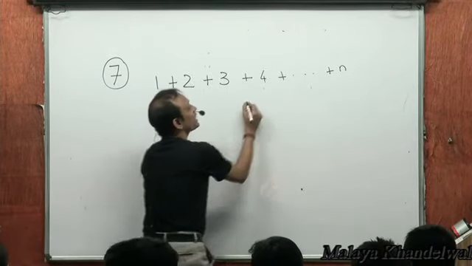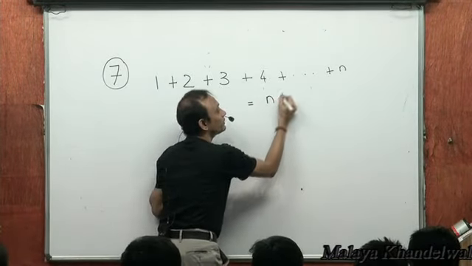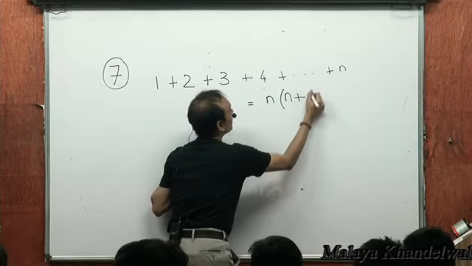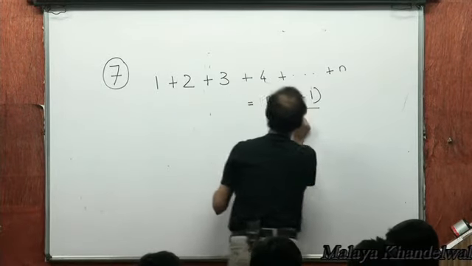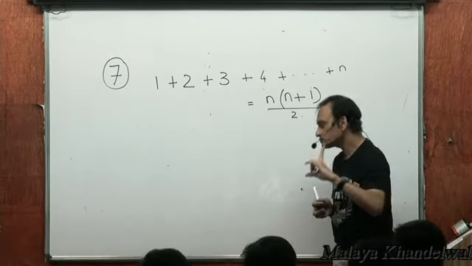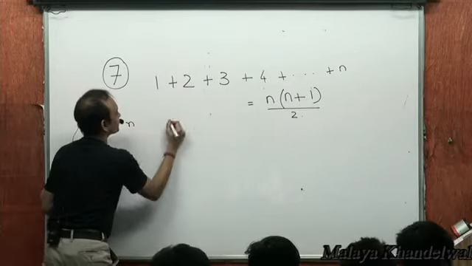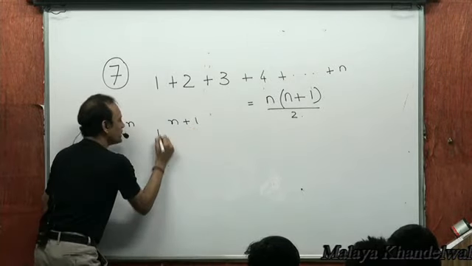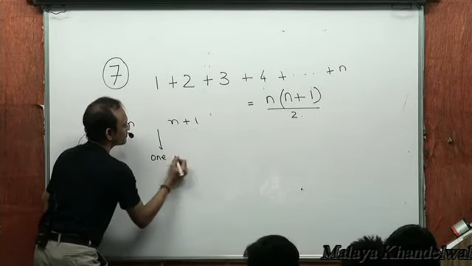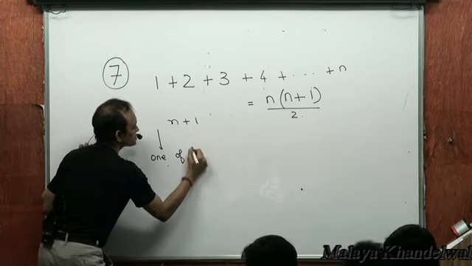The sum of the first n natural numbers is what? N into n plus 1 by 2. Yes or no? So far so good? Now, between n and n plus 1, one must be even because they are consecutive.